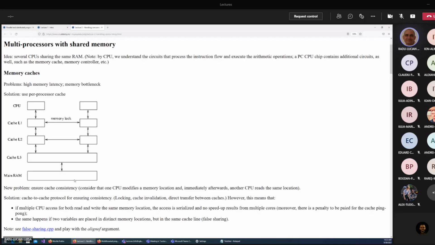Because of physical constraints, a large memory is slower in response time. If you have a lot of memory cells, you have a lot of circuits that must stabilize between the time you ask for a memory cell and until you get the result.